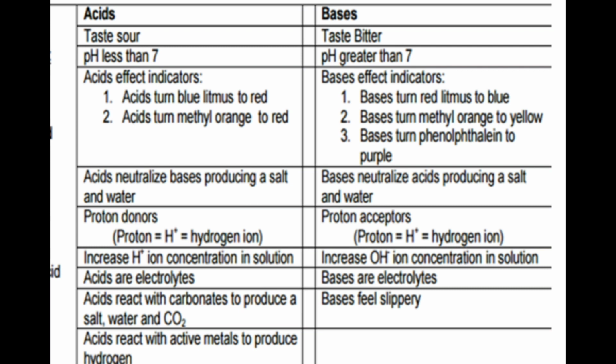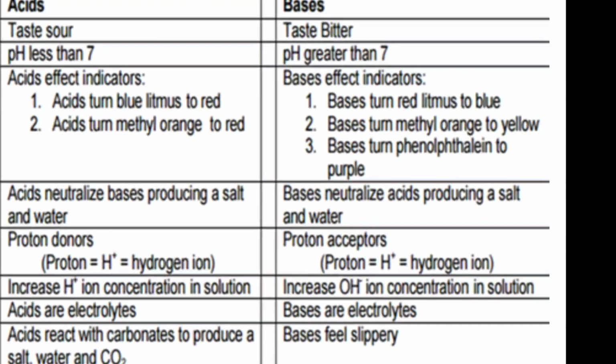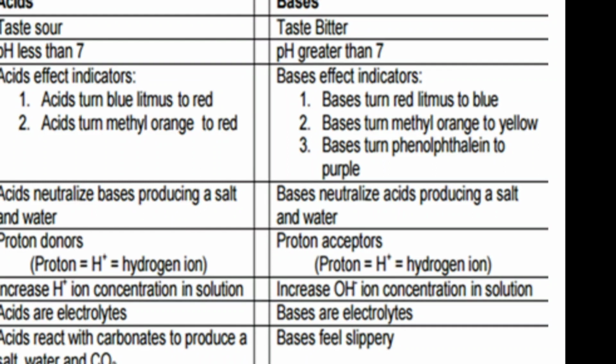What is the effect of indicators on acid and base? Acid turns blue litmus to red. Acid also turns methyl orange to red. Bases turn red litmus to blue.